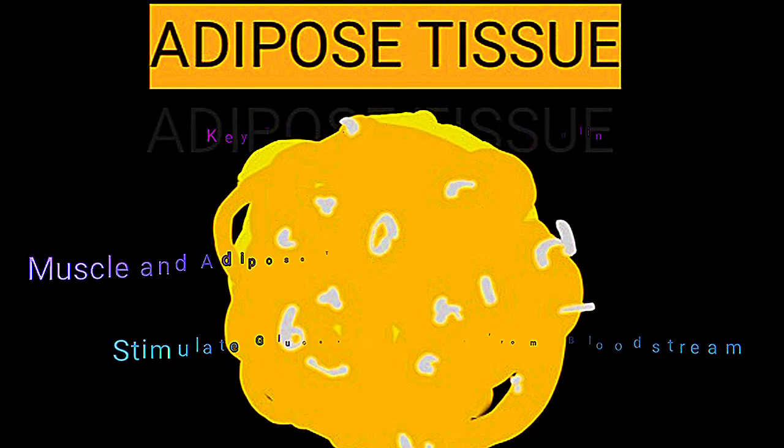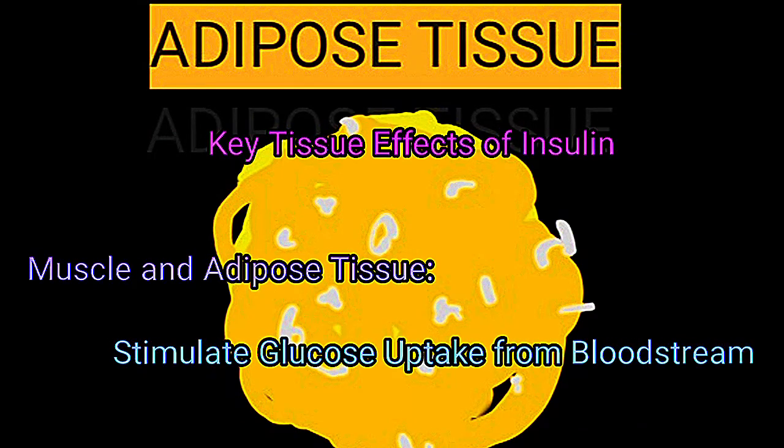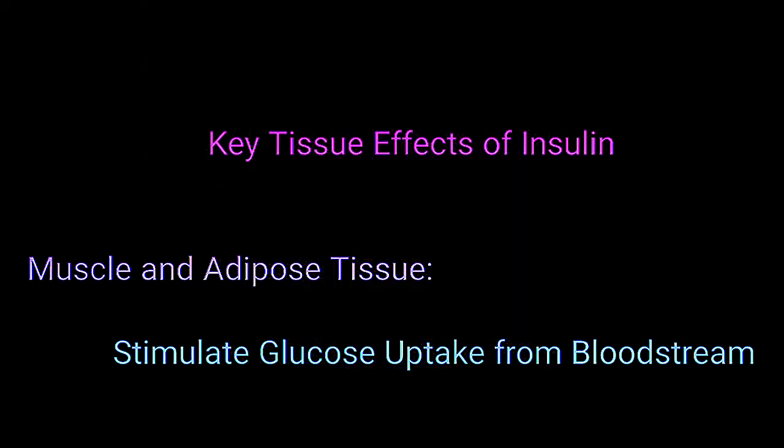These 2 tissues constitute a significant portion of body mass, and as such, they can contribute to a significant amount of uptake of glucose from the bloodstream, reducing the amount of glucose in the bloodstream.